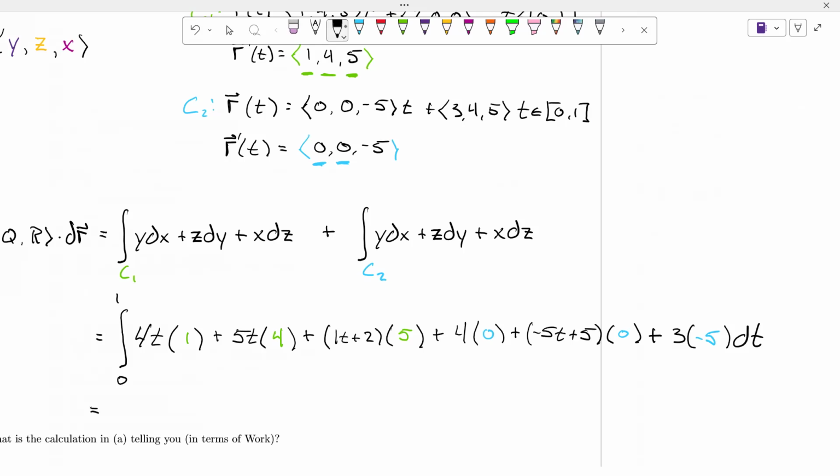This will be 4t squared over 2, evaluated from 0 to 1, which will be just 2. So I'm going to be dividing it by 2 there. 20t integrated from 0 to 1 is going to be 10. 5t plus 10 is going to be 5 over 2 plus 10 when I evaluate from 0 to 1.